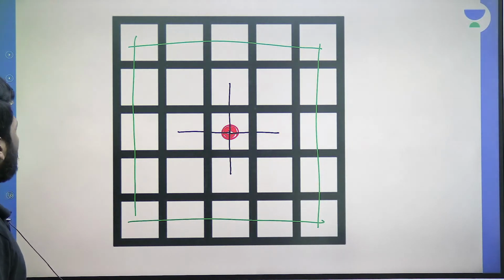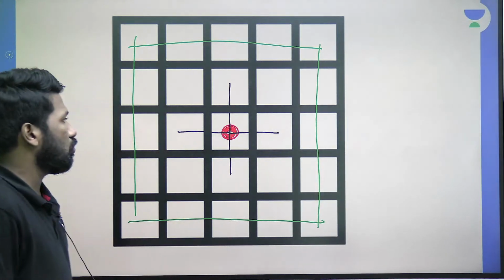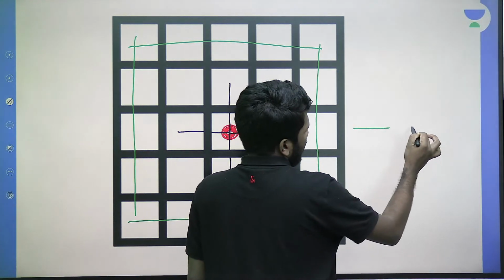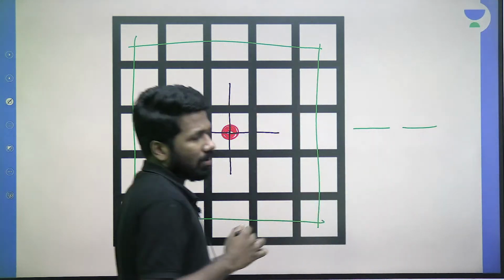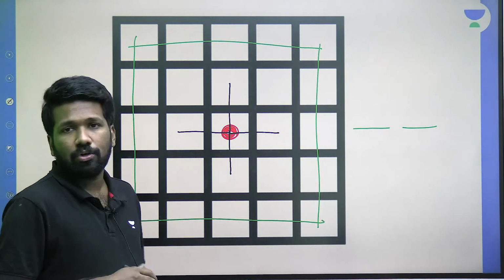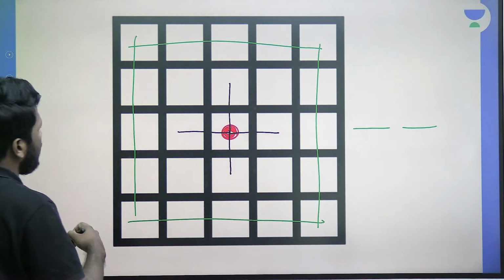So how many possibilities are there? This is where the fundamental principle of counting comes into play. How many possibilities are there for the first movement, and in each of those first movements, how many possibilities are there for the second movement? That is what we need to analyze. The first movement possibilities I already told you, na.